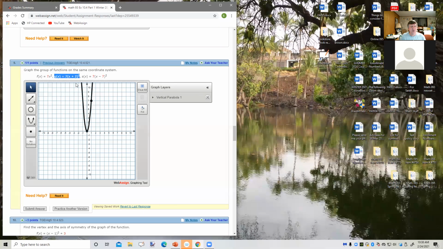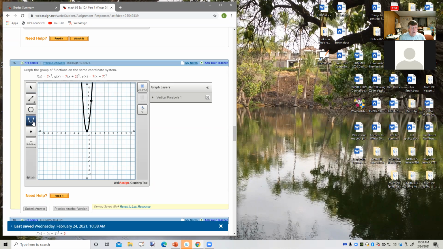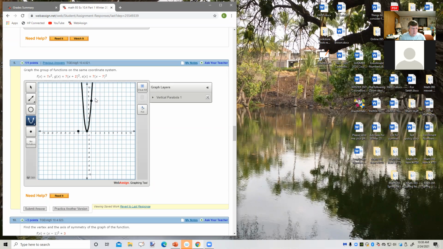So x plus 2 inside means it's going to go to the left 2 units, the inverse. So here I'm going to go over 2, and I'm going to go over 2, and there is my second graph. Okay, so everything gets shifted 2 units to the left.